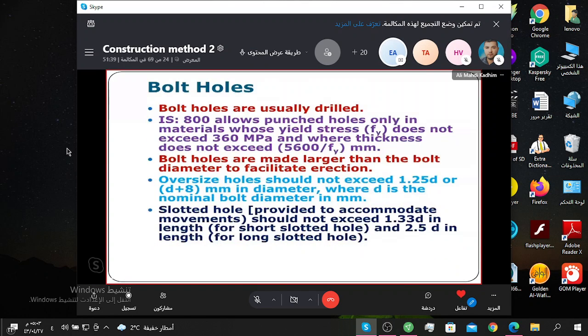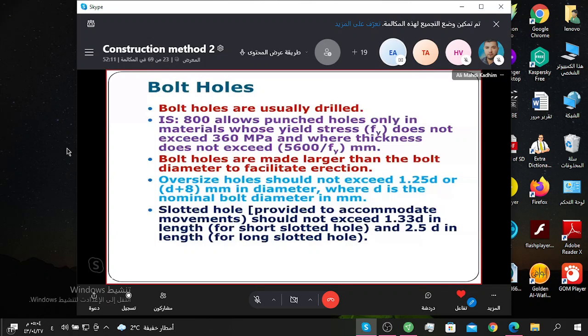Bolt holes. Bolt holes are usually drilled. As per IS 800, punched holes are allowed only in material whose yield stress Fy does not exceed 360 megapascal and where thickness does not exceed 5600 per Fy millimeter. Bolt holes are made larger than the bolt diameter to facilitate erection.